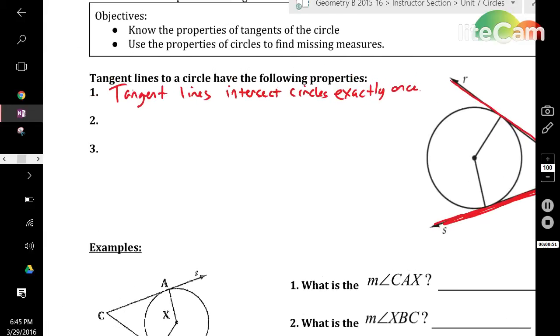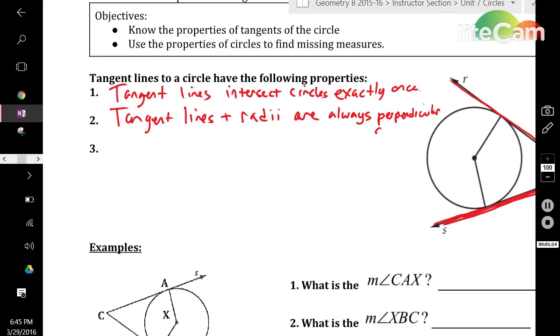The second property, tangent lines and radii, plural for radius, are always perpendicular, meaning they intersect at a 90-degree angle.